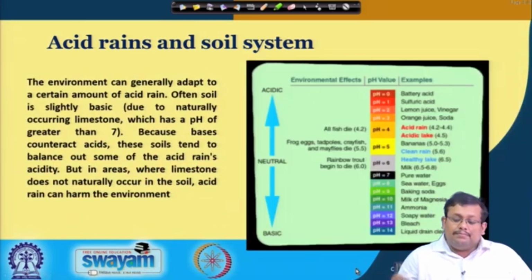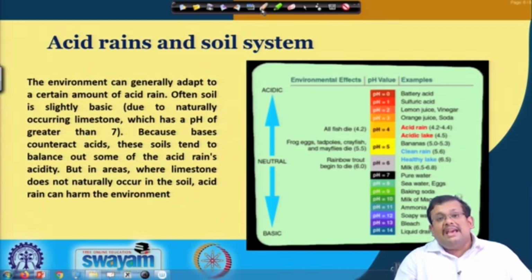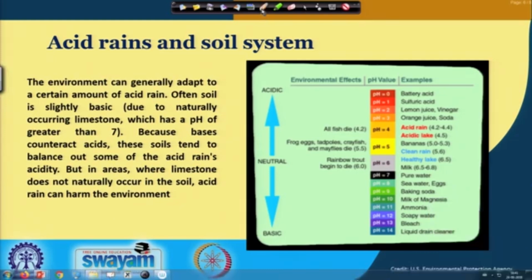Now, if you see the pH of acid rain, this chart will give you a better idea.